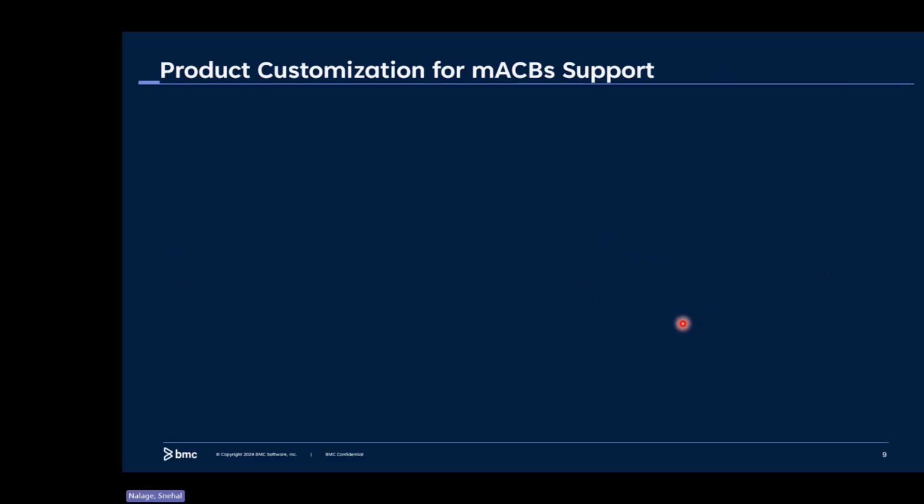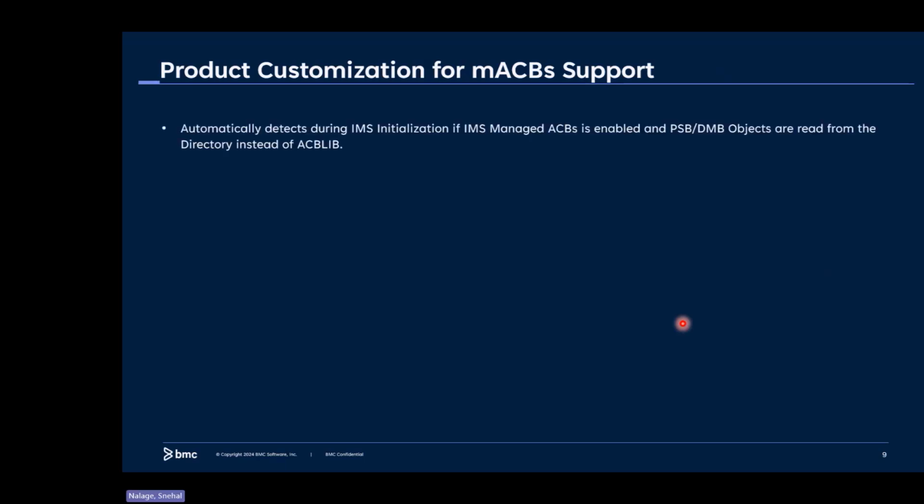Next, we will see the customizations which are required in the Delta products to support managed ACBs. During IMS initialization, both products will automatically detect if IMS managed ACBs is enabled, and if so, then the PSB and the DMB objects will be read from the directory instead of ACB lib.